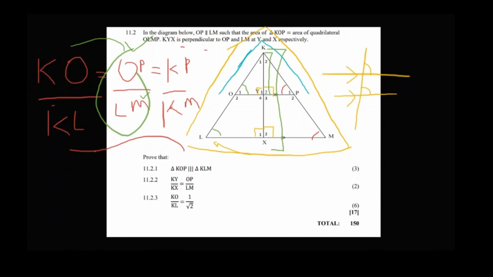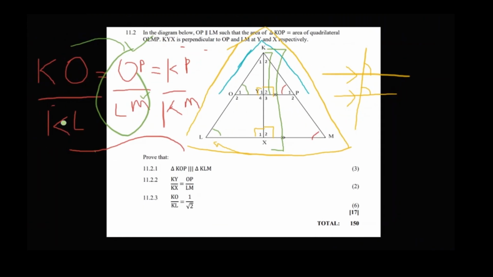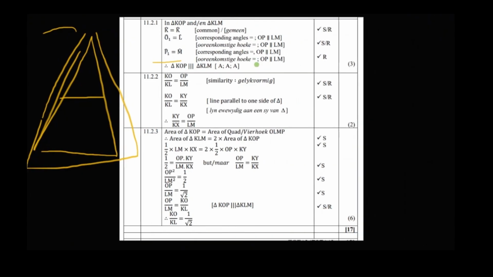Okay, so just like that, very easy, very simple, guys. You want to go back and first write the fact that KO over KL equals OP over LM. Why is that? Because we've already proved that through similarity in the previous question.